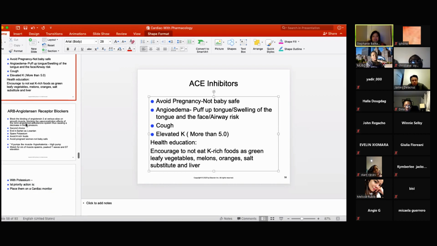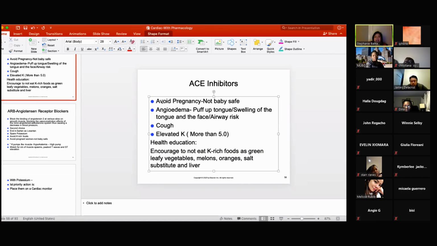So second A is your, okay. Second A is your, so if you look at this for a minute, to make it easier for you, look at these things that you have to remember, okay? Avoid pregnancy, angioedema, cough, and an elevated potassium level.